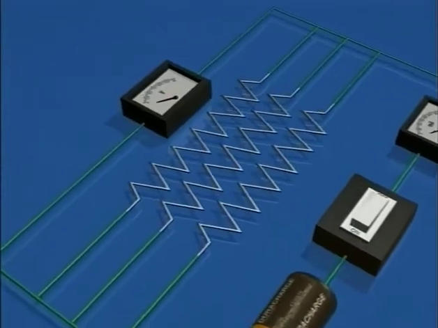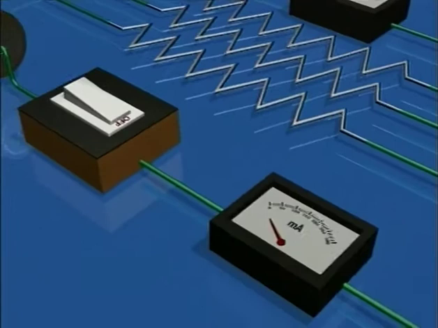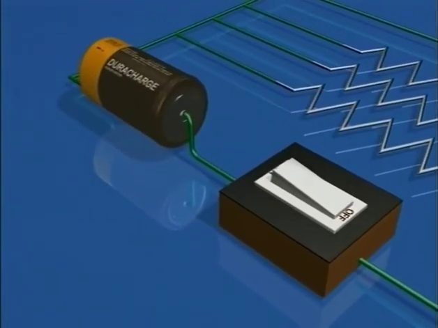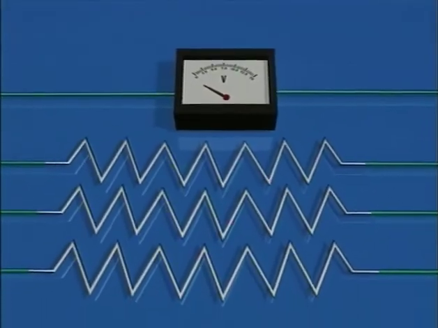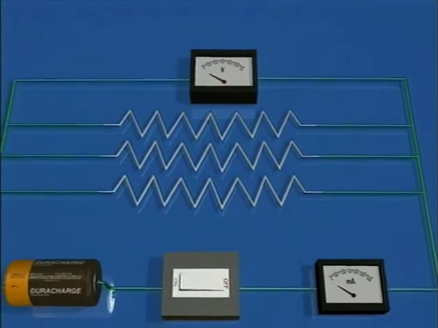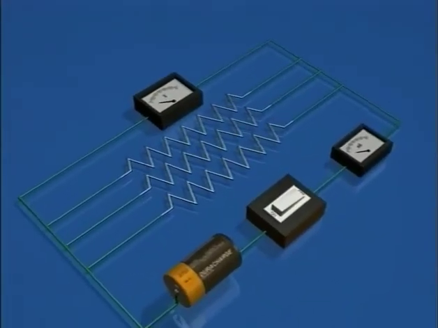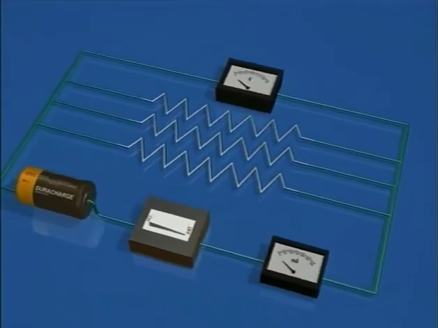In the electric circuit shown here, the voltage drop across each resistor is equal to the voltage of the battery, but the current gets divided into three branches. The sum of all currents gives the total current through the circuit, that is, I is equal to I1 plus I2 plus I3.